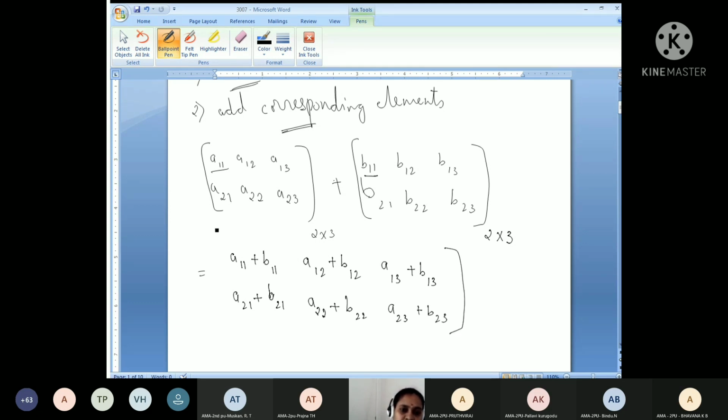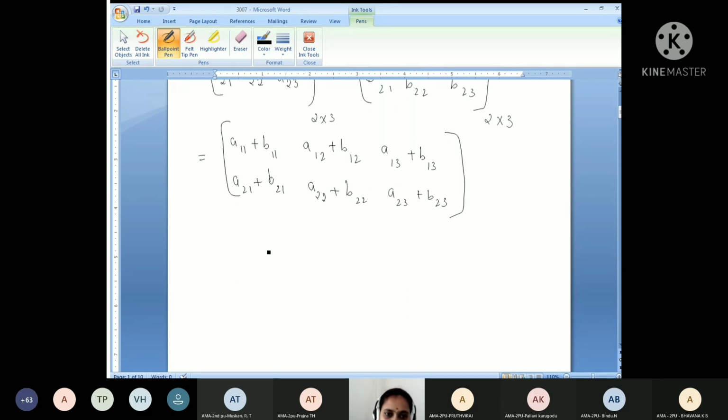Okay. This is how you have to add. Next, the answer will be C11, C12, C13, C21, C22, C23. This is how matrix addition will go.